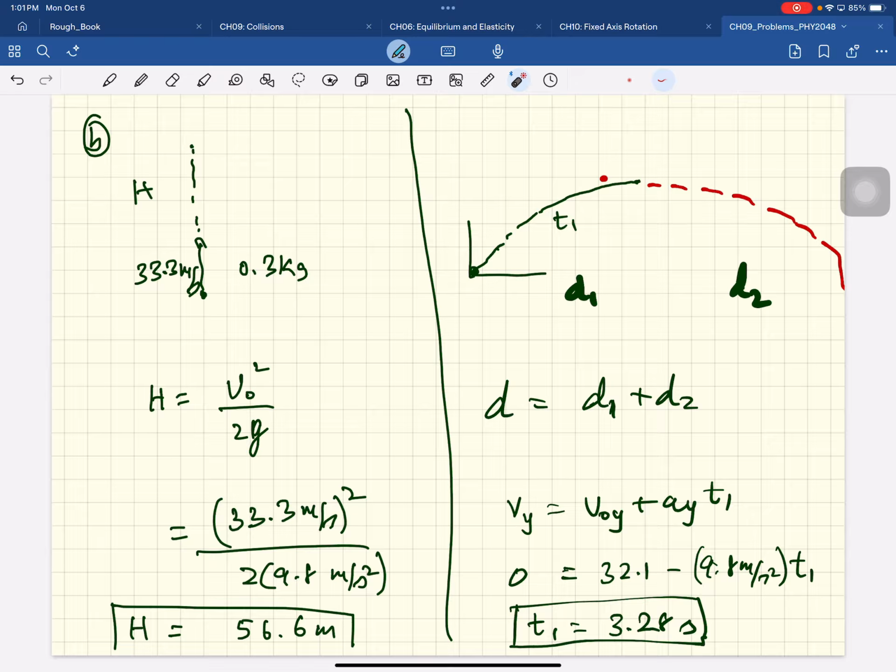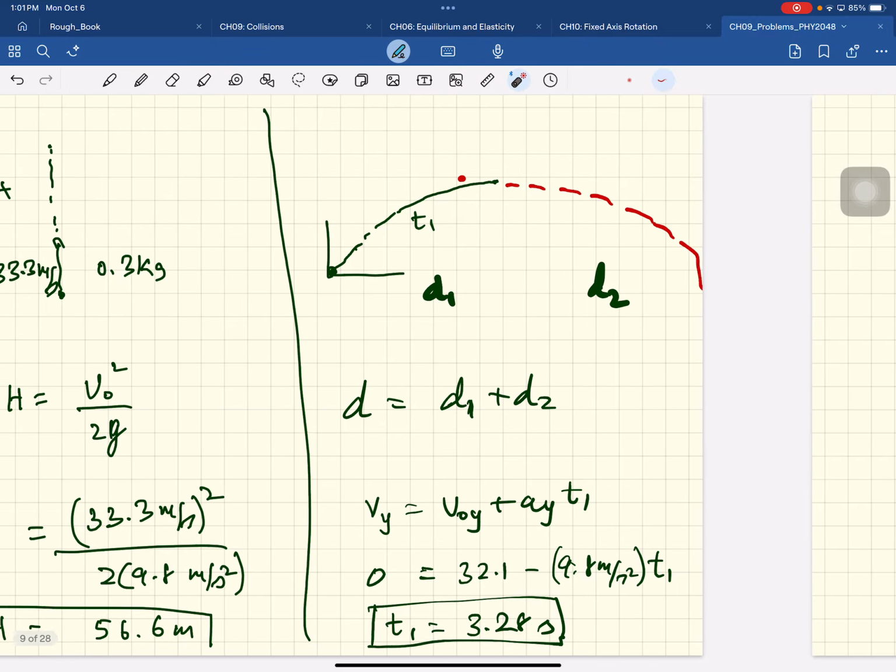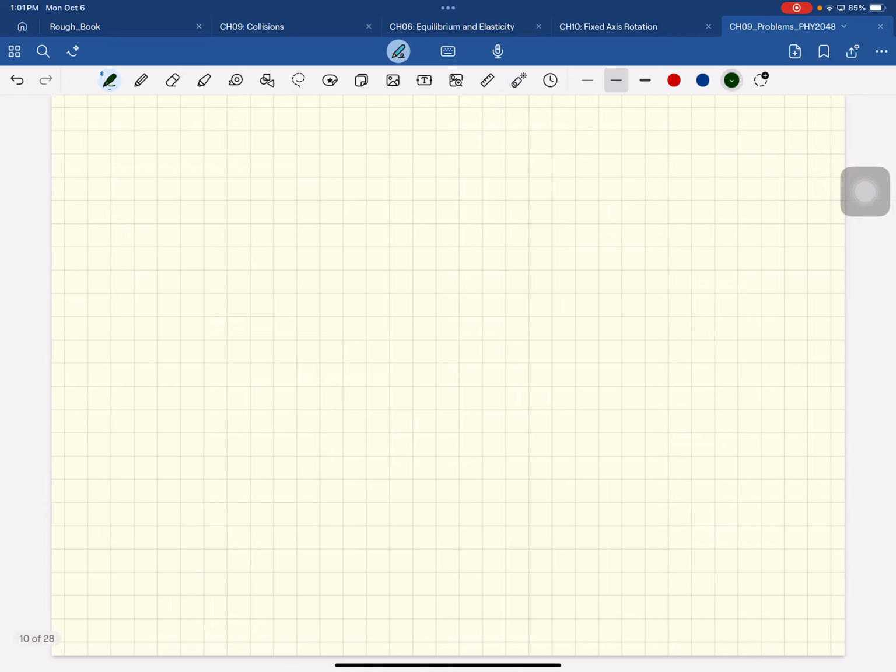Okay. And the x distance it travels is just the x component of the velocity times the time of flight. Remember, x minus x naught is v naught x t plus 1/2 ax t squared. The acceleration in the x direction is 0.